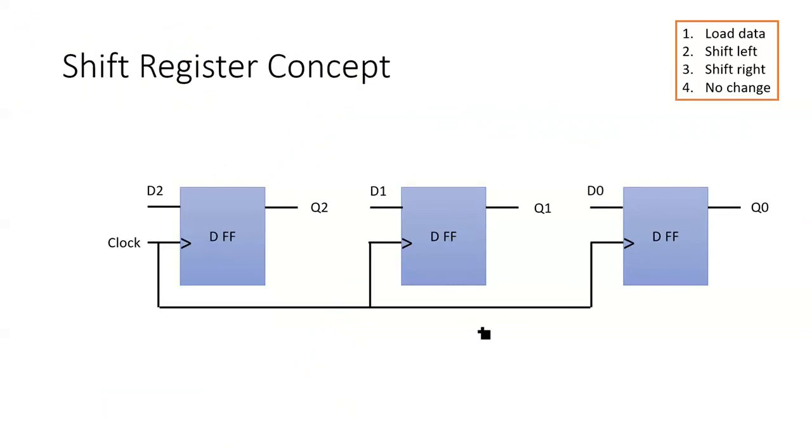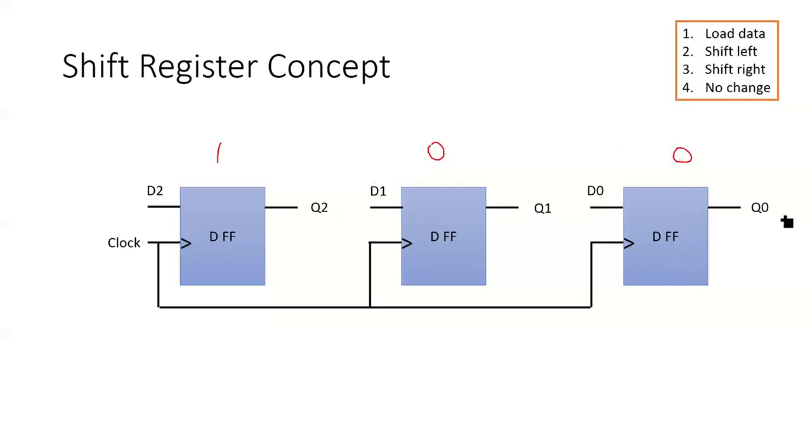Alright, now let's look at the concept first. The overall concept of a shift register is that, let's say you have 3 D flip-flops, right? Now each D flip-flop is going to store 1-bit data, and suppose you stored 1 0 0, right?